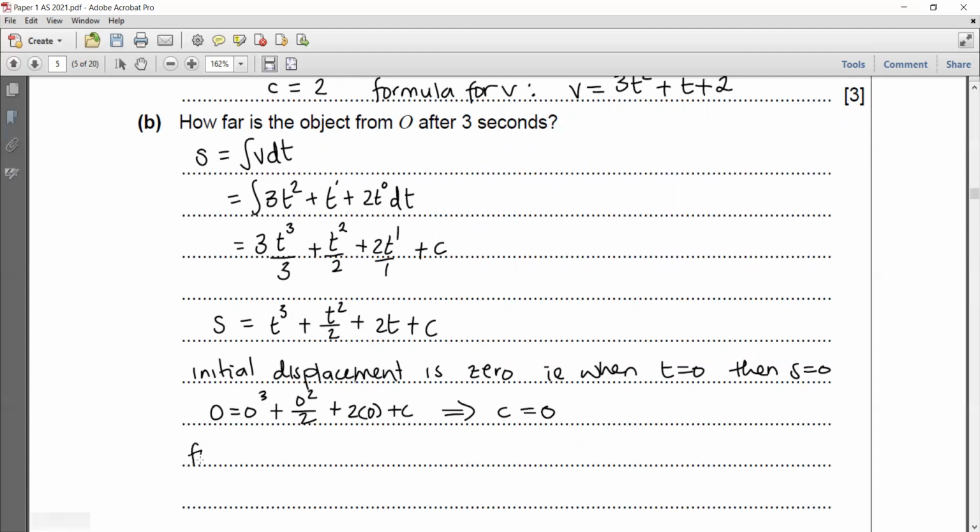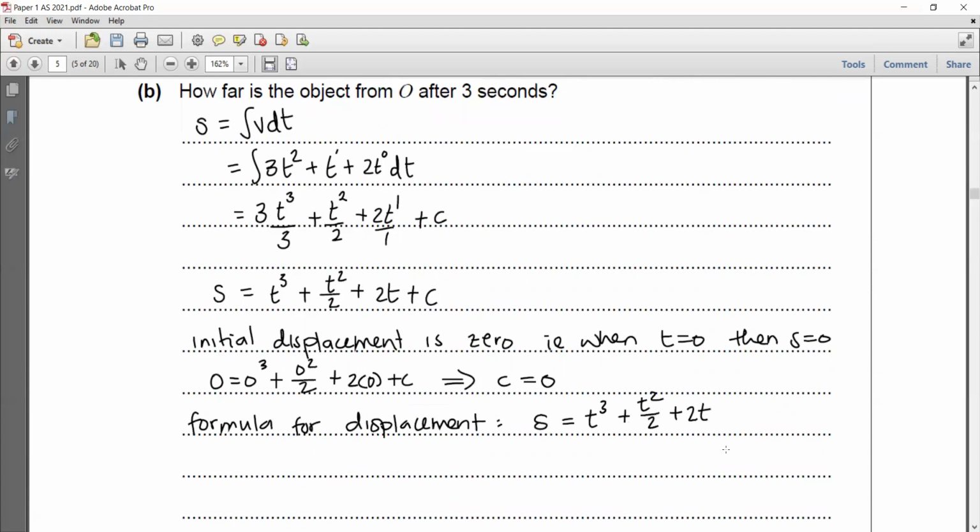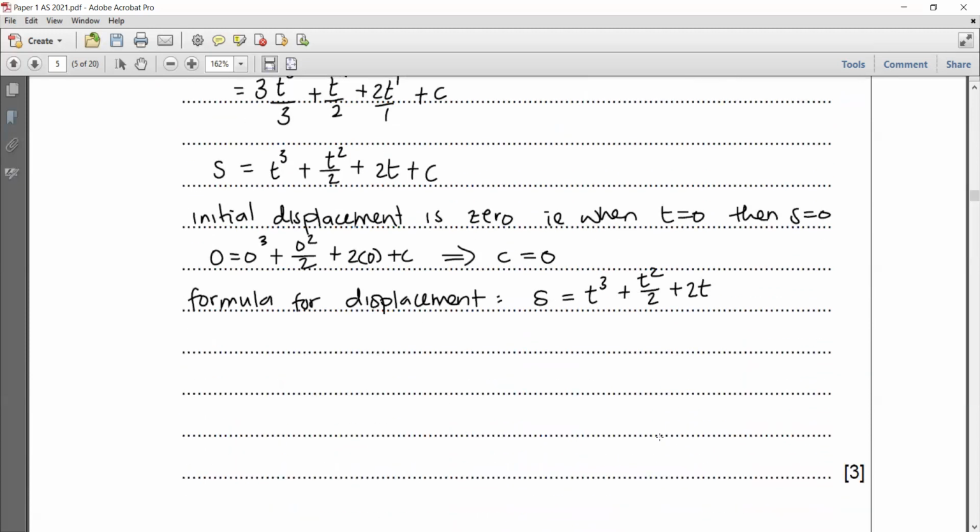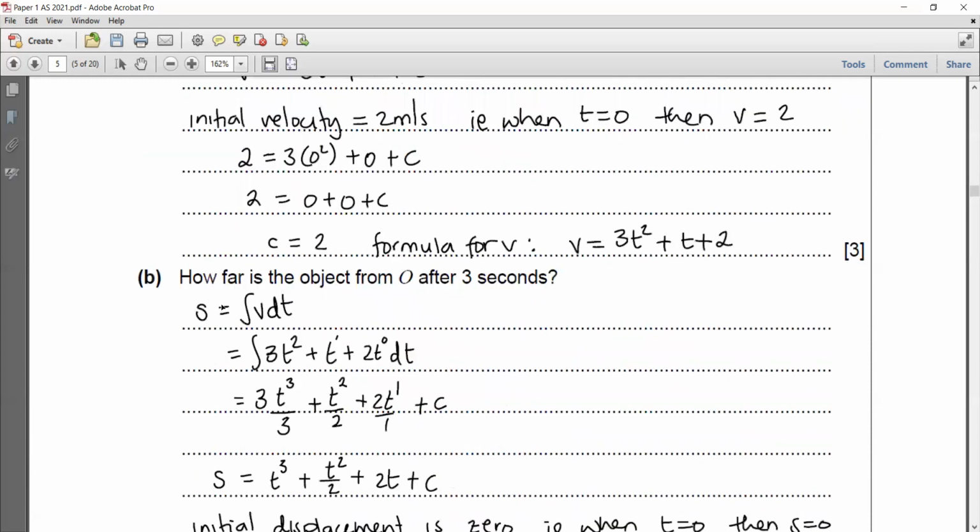So the formula for displacement is just S is equal to t cubed plus t squared over 2 plus 2t, and then our c is 0, so we don't need to write it. Okay, so the question said find the displacement, or find how far the object is after 3 seconds.